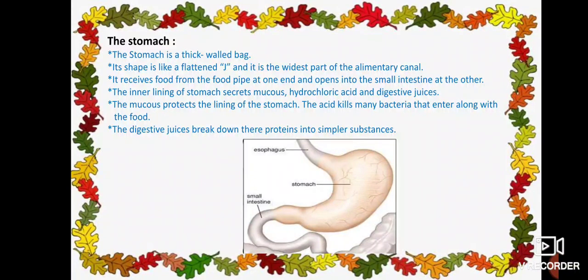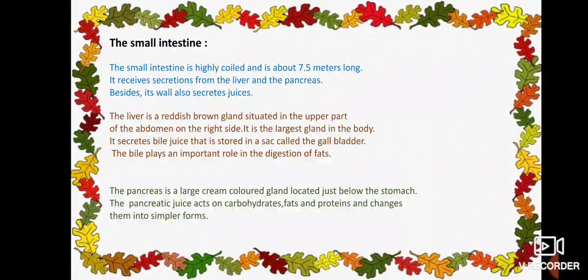We have understood now. Next, after the stomach, which is the part involved in the digestion of food? That is small intestine. Let's study about small intestine now. See here, the small intestine is highly coiled and is about 7.5 meters long. See the size of this small intestine.